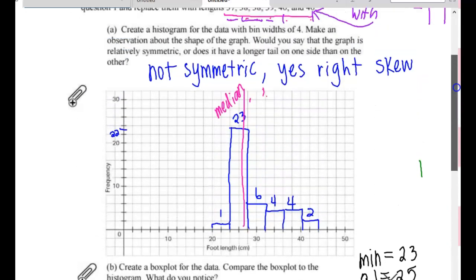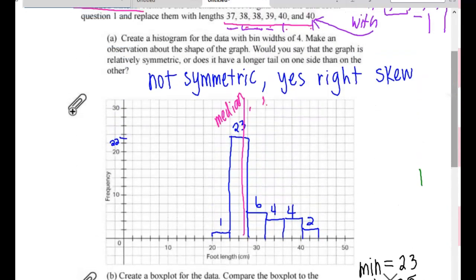The mean is 28.7. Alright, so on your histogram you have those 2 vertical lines. Okay.